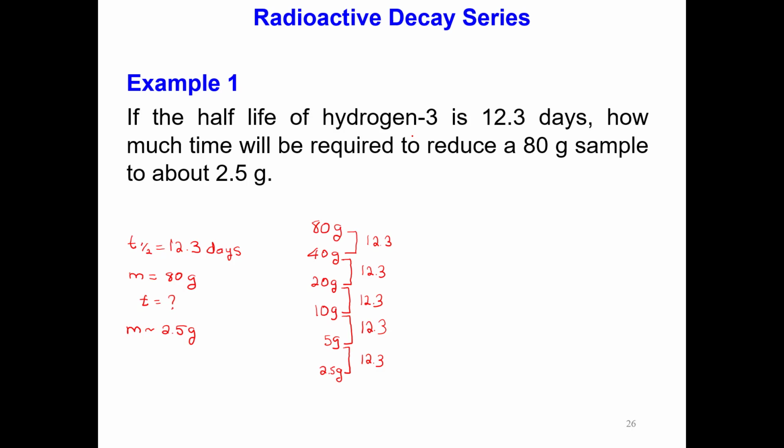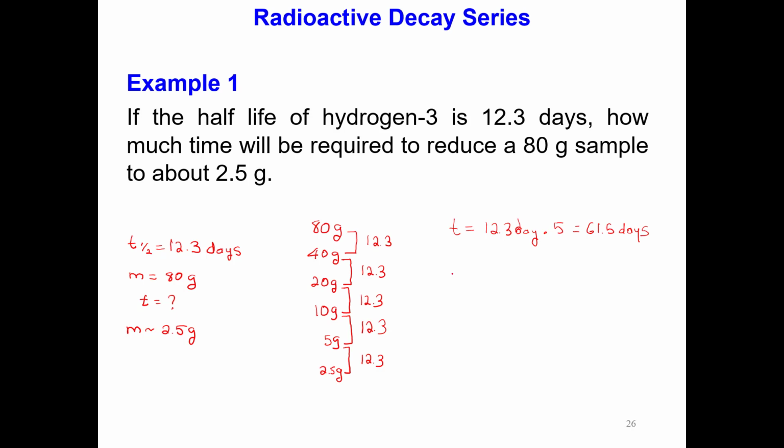Then we had 1, 2, 3, 4, 5. Then the time will be 12.3 days times 5. This equals 61.5 days.